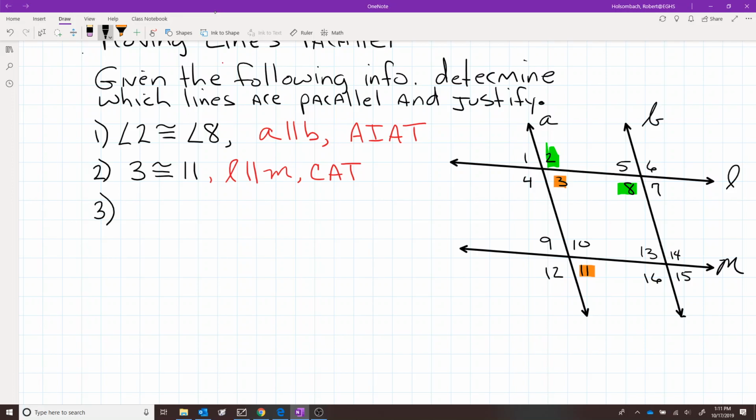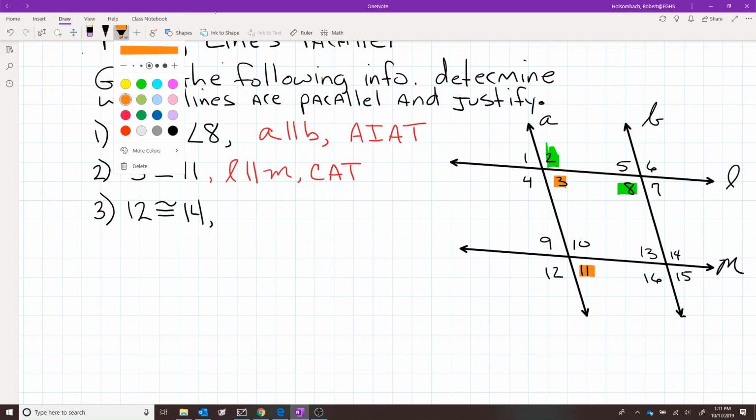So we got 12 congruent to 14. If 12 is congruent to 14, let's find those. Go with that green. Here's 12, and here's 14.